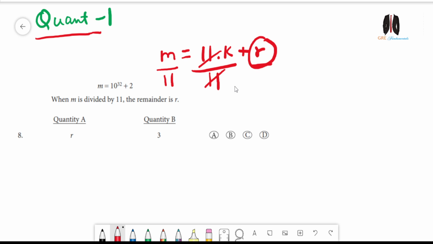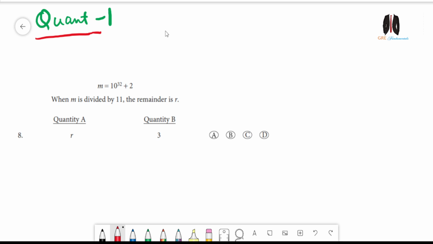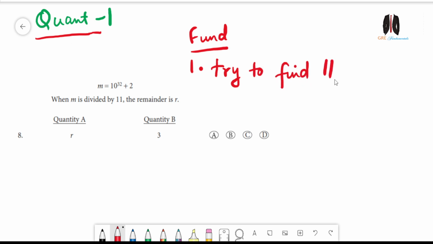So how do we approach this question? First, in such kind of questions, the fundamental they're looking for is, can you use this value and put it somewhere in the value that they've given. So they want you to find how 11 is linked to m.